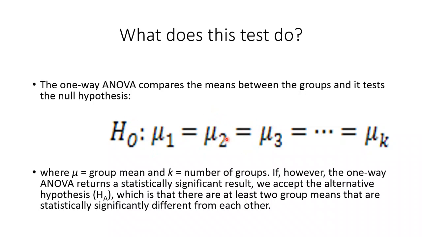The means in this case was 5, in this case was 9, and over here it was 10. Now, the null hypothesis says that all these means are the same, while the alternate hypothesis says no, there is a difference between 5 and 9 and 10, and we proved that there is a significant difference between these means.